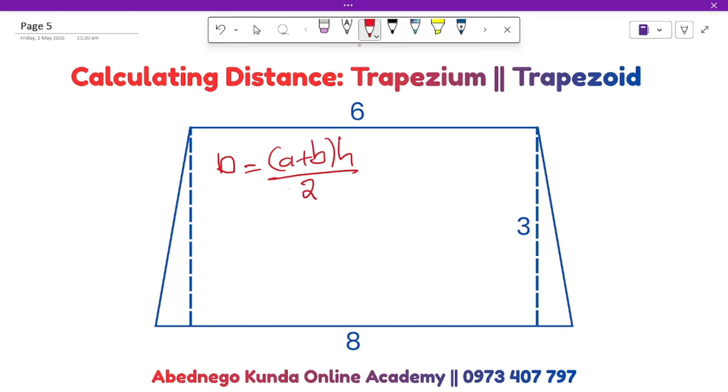Now we need these values a, b and h. Which one is a, which one is b, and which one is h? So for a and b, these simply represent the parallel lengths. So there's this length from there to there, this one here. Okay, this distance from there to there, and then there's this longer one down here, which is from there to there.